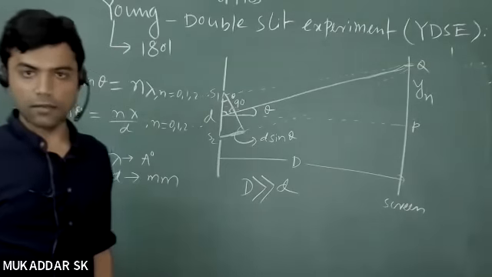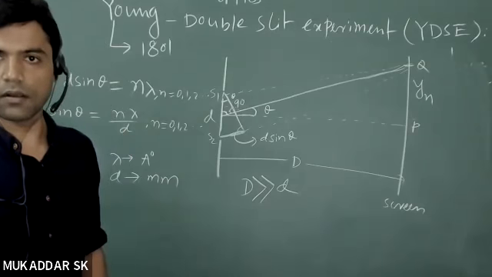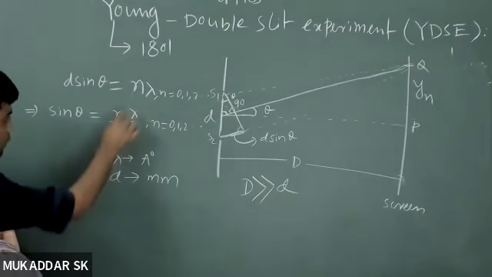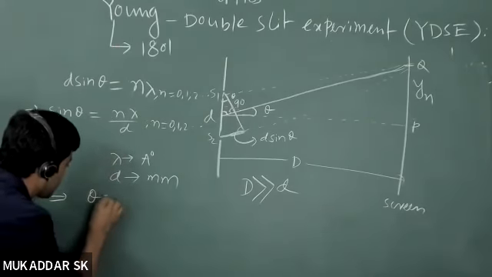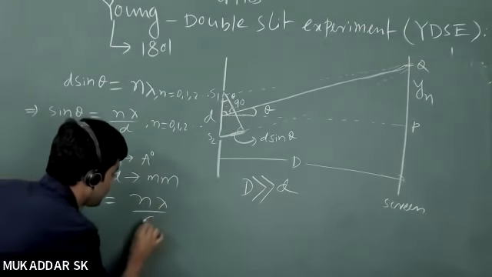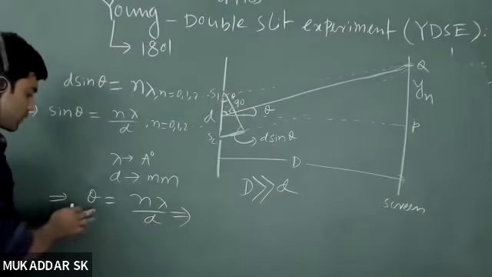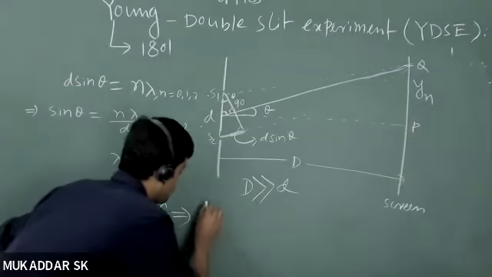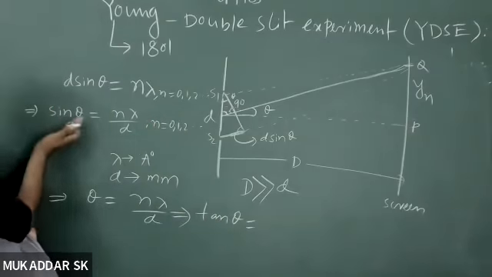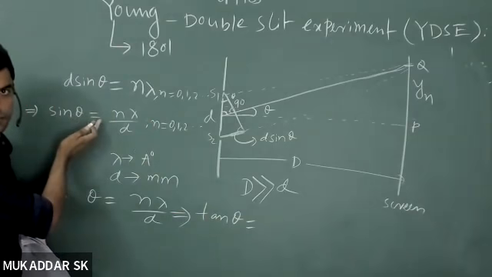So when sin theta is very small, what can you say? For very small values, sin theta equals theta. Since this ratio is so small, I can write sin theta equals theta, and that should be equal to n lambda by d. And when theta is small, I can write tan theta in place of theta. When does sin theta become small?